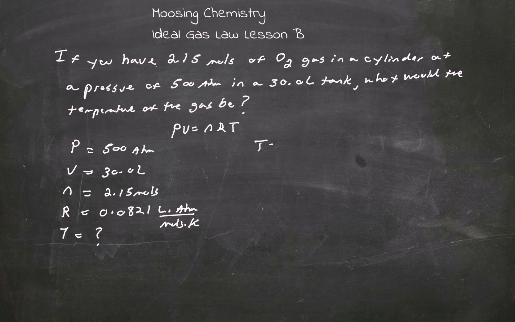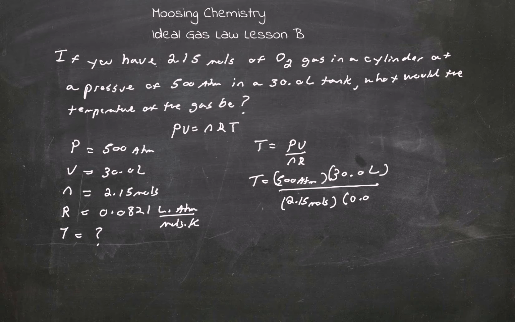So let's go ahead and isolate for T. So it's going to be PV over nR. So T equals 500 atm times 30.0 liters divided by 2.15 moles times our R value, 0.0821, of course, liters times atmospheres over moles times Kelvin.